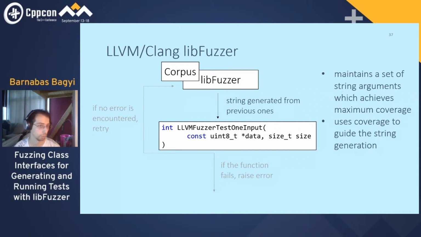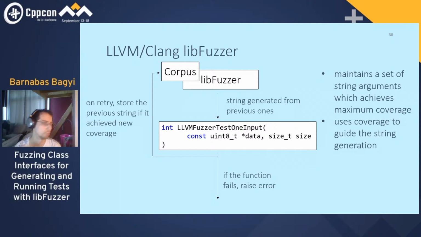Of course, we can just call our own target function from it, so it's not a big difference. If the fuzzing fails, we raise error just the same way as we would in a general engine, but if we do not find an error, we store the previous string if it was interesting into the corpus and then retry.